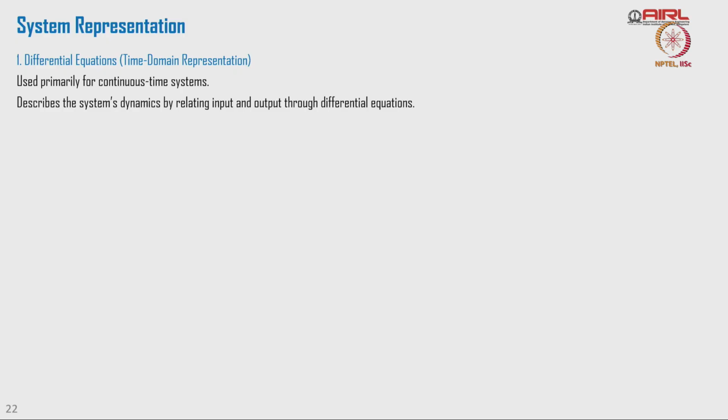Now, one very basic concept which is relevant in control systems is how we have talked about systems. Systems are some basic blocks or interconnections of multiple entities which take some input and give rise to the output. How to represent those systems? We have talked about signals like step signal, ramp signal, impulse.